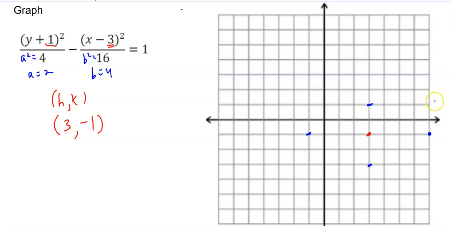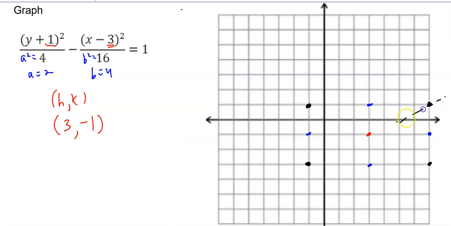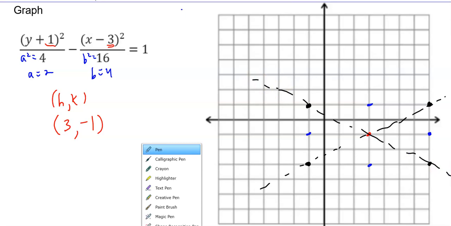And then I like to make the dot box there, so you kind of put in the corners of the box. And then you want to draw in the asymptotes there. Identify the vertices.